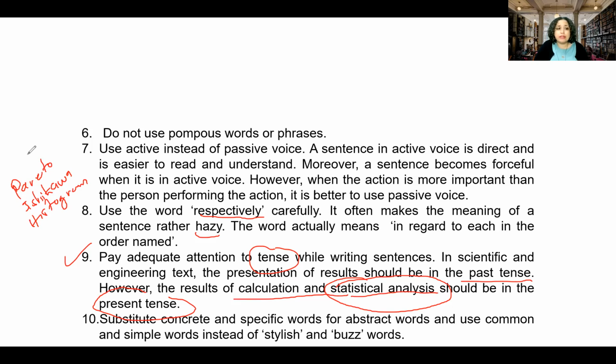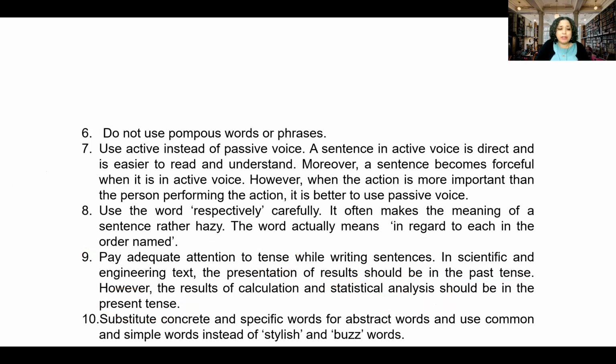So everything that is related to calculation and the presentation of the data and the description of the data is used in present tense. Good. And what about number 10? Substitute concrete and specific words for abstract words and use common and simple words instead of stylish and buzzwords.